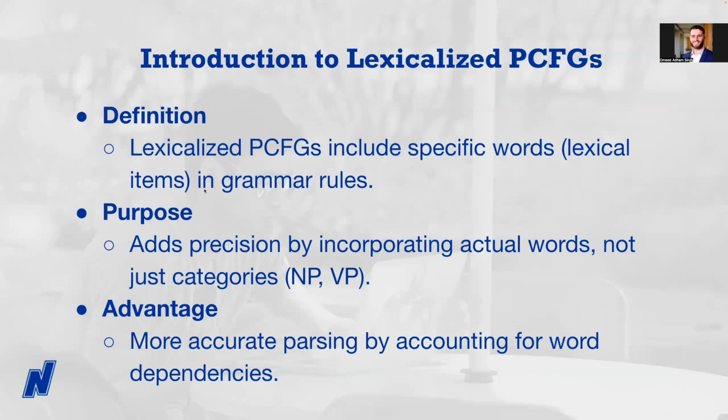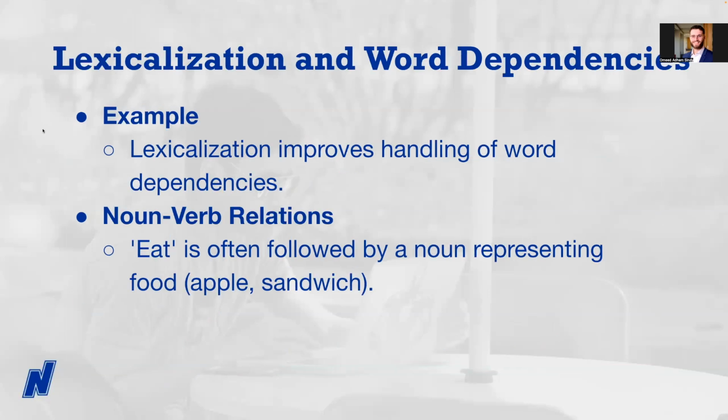One of the key benefits of lexicalized PCFGs is how they handle word dependencies. When parsing a sentence, the system can now rely not just on general syntactic structures, but also on the specific words that appear. For example, consider the verb eat. Without lexicalization, the parser would treat eat as just another verb, which could be followed by any noun phrase, NP.